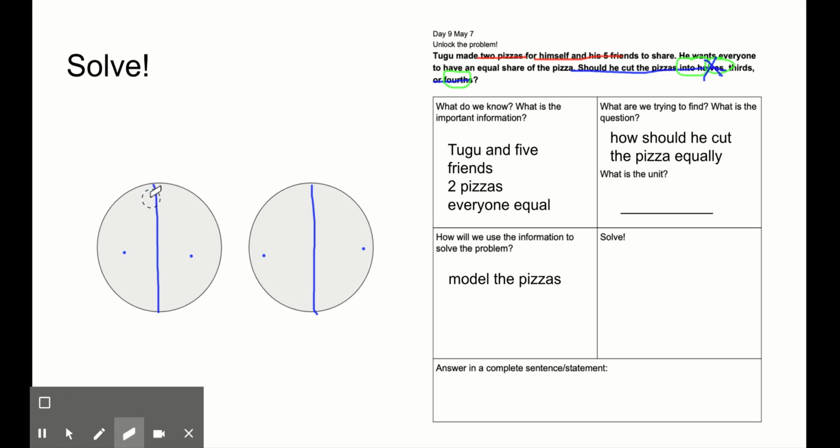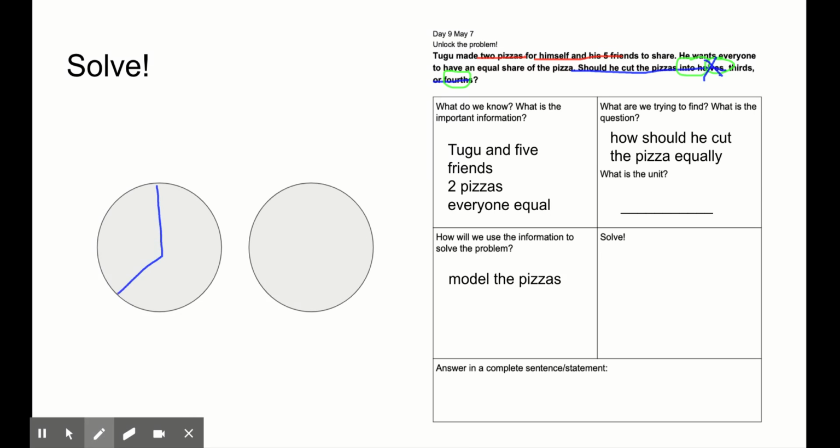Let's try to cut it into thirds. One, two, three. 1, 2, 3. Ooh, not exactly equal, but we can see.